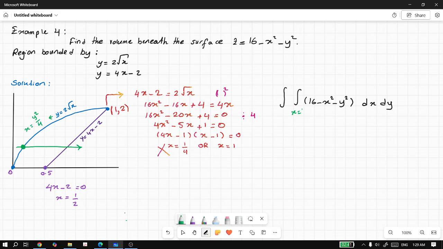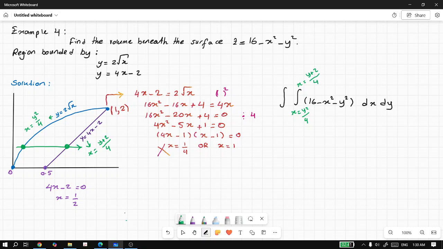So here I get y squared over 4. And then it is leaving the region at that point, changing this one to x form, x is equal to (y plus 2) over 4. So here this limit is x equal to (y plus 2) over 4.